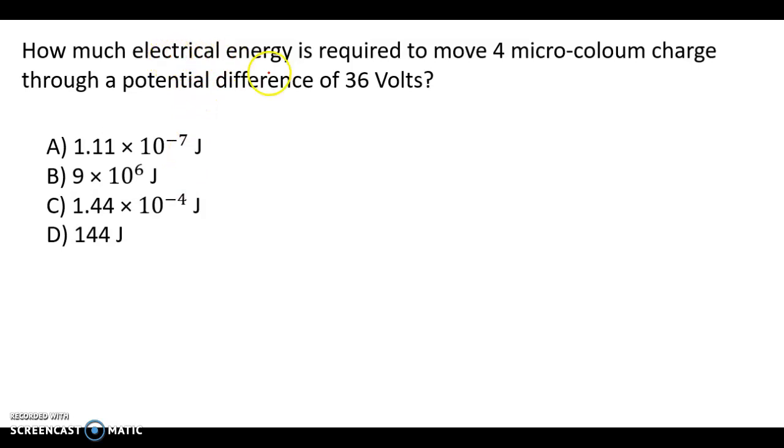How much electrical energy is required to move a 4 microcoulomb charge through a potential difference of 36 volts? Here, you should know the equations and substitute directly into the equations. If you know it, you will get the answer easily. Okay, volt is work over charge. So I have a charge, I have the volt, I need the work.